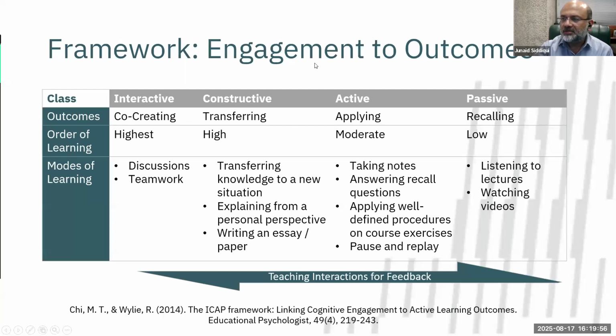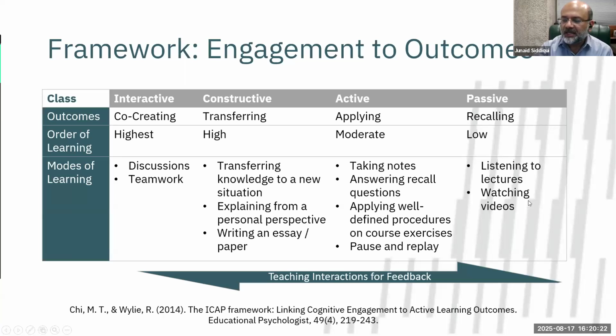So this is a framework of engagement to outcomes. Students may be passive in the class, but as this framework goes to the left, they become interactive. And the models of learning for each of these levels: when they are passive, they are listening, watching videos, and then they can go to this side, which is discussions and teamwork.